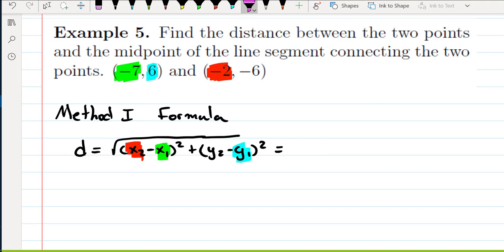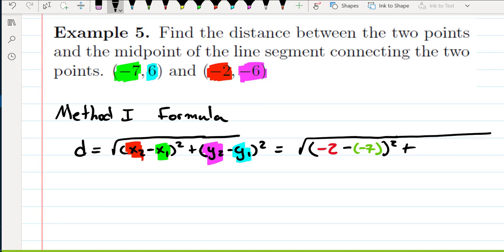And our y2 is negative 6. So if we put all of those into our formula, we get negative 2 minus a negative 7 squared plus our y2, which is a negative 6, minus 6 squared.